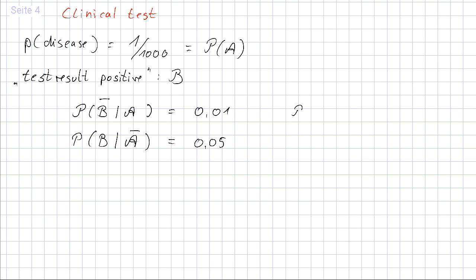Okay. So we can also then create from this. There follows that the test is positive if somebody is infected, that this is 0.99.